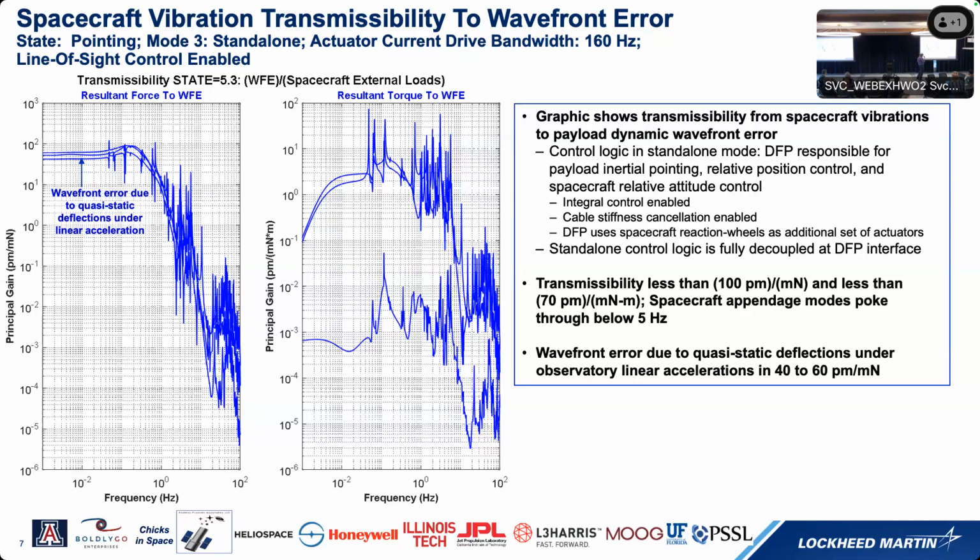The sensitivity is ideal for the transmissibility in terms of the translation of the spacecraft to wavefront error. What happens is that if you have a quasi-static acceleration, your payload structure under that quasi-static acceleration has a quasi-static deformation.